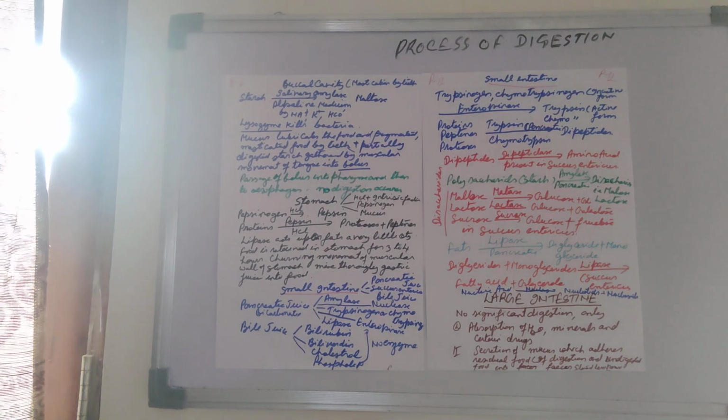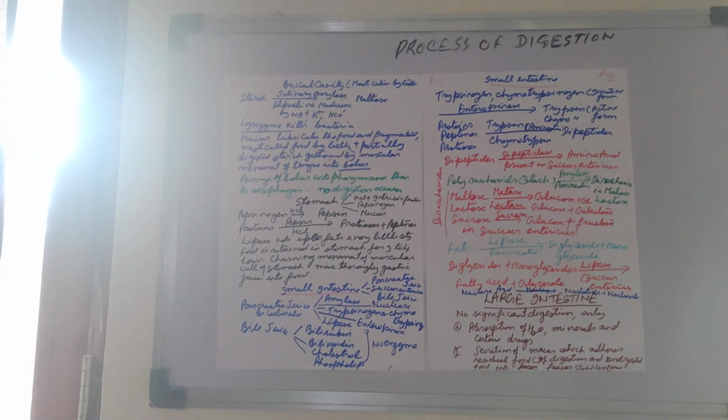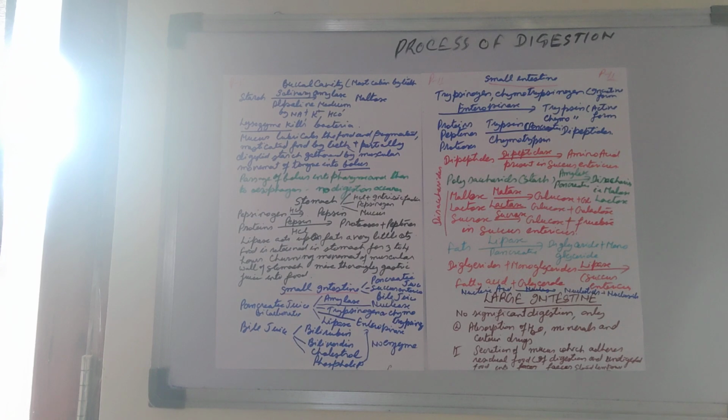In this pancreatic juice, pancreatic amylase acts upon the polysaccharides and converts them into disaccharides. These disaccharides may be maltose, sucrose or lactose. Then trypsinogen and chymotrypsinogen are protein digesting enzymes, and they are inactive. They are activated by another enzyme, enterokinase, which is secreted by the intestinal mucosa.